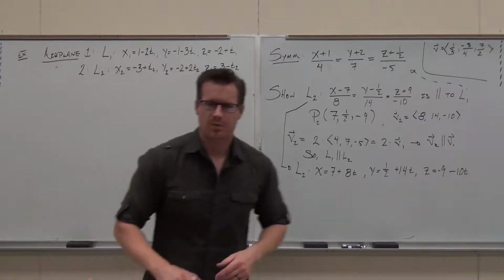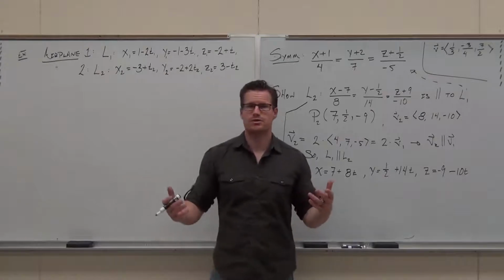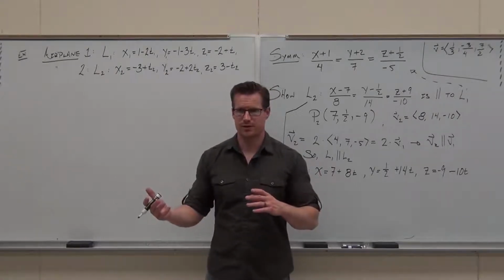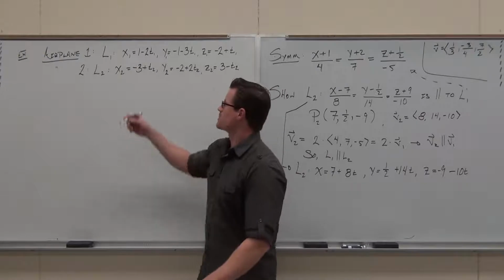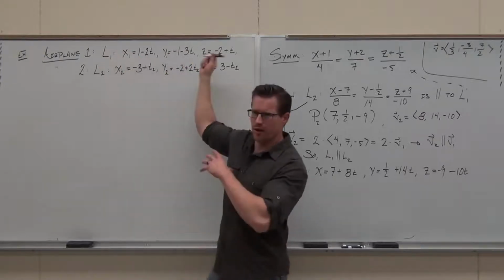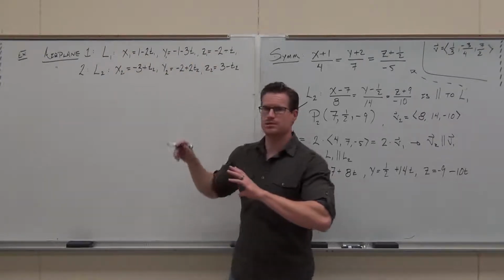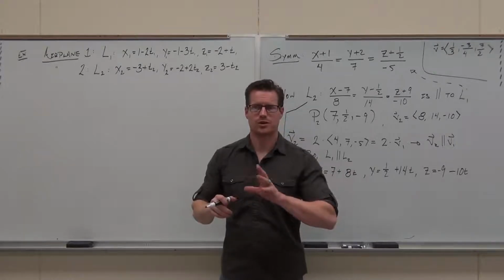So two airplanes. These airplanes are going to go through certain points. They're going to have certain direction vectors. They're going to be flying in a certain direction. So we have plane 1, all the little 1s. Plane 2, all the little 2s. With me, yes, no?